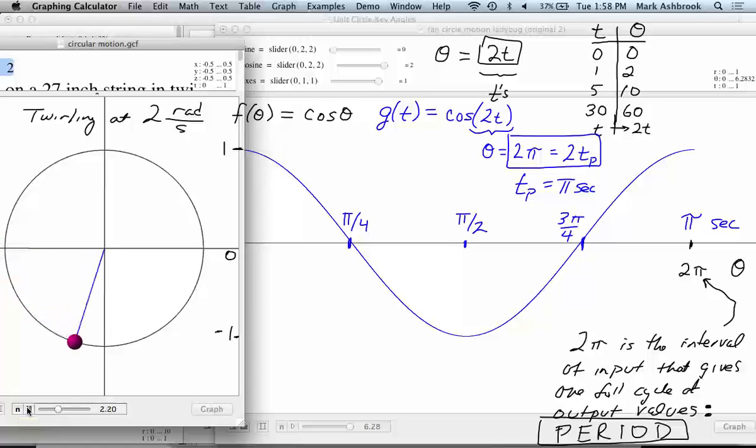What does that mean? The way I have the animation is pretty close to 2 radians per second. Any observations?